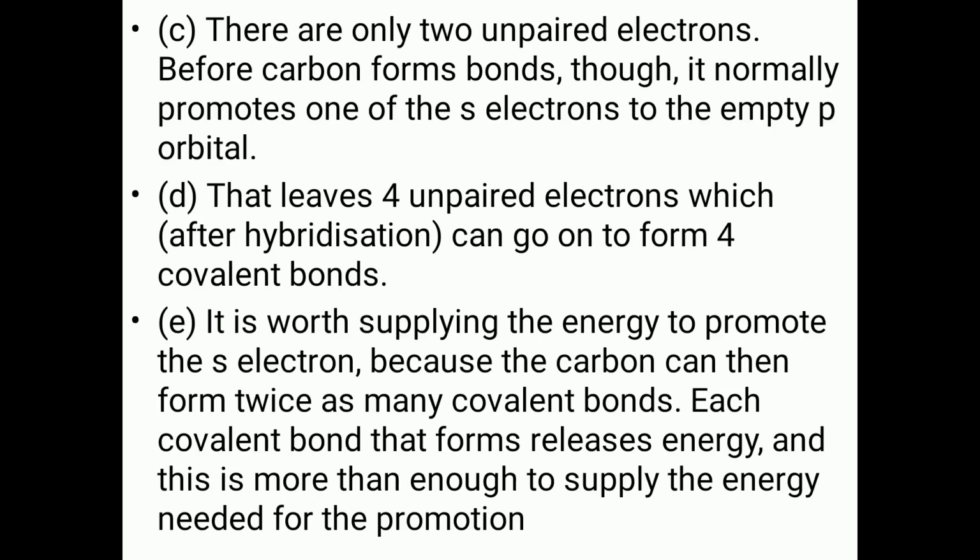There are only 2 unpaired electrons before carbon forms bonds, though it normally promotes one of these electrons to the empty p orbital. Now there are 4 unpaired electrons, which can go on to form 4 covalent bonds. It's worth supplying the energy to promote the s electron, because the carbon can then form twice as many covalent bonds. Each covalent bond that forms releases energy, and this is more than enough to supply the energy needed for the promotion.